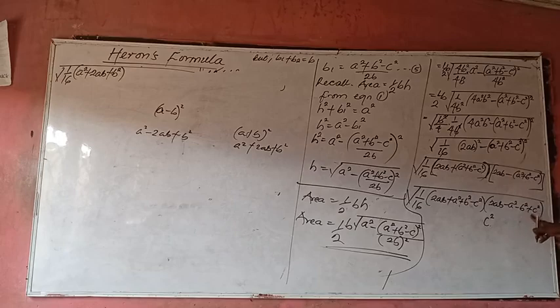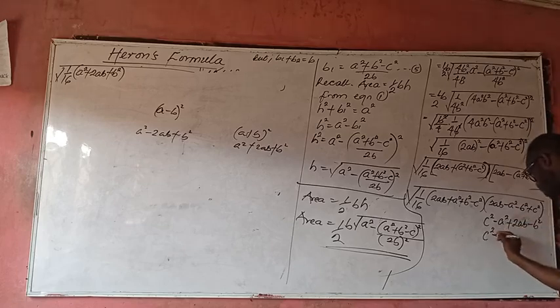C squared is positive, right? Then c squared, we put minus a squared minus b squared plus 2ab, or plus 2ab first, minus b squared, plus 2ab minus b squared. Okay, so see what I will do now. I will now put this minus outside, so that it becomes c squared minus a squared is positive.